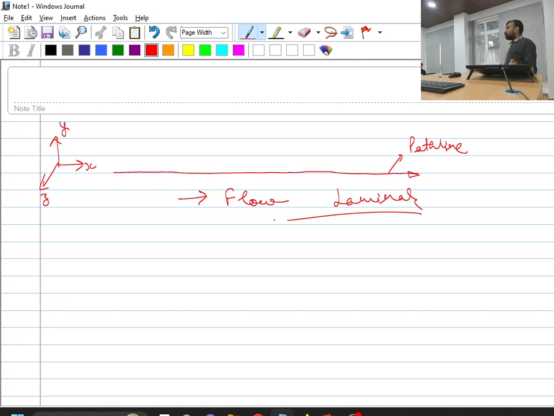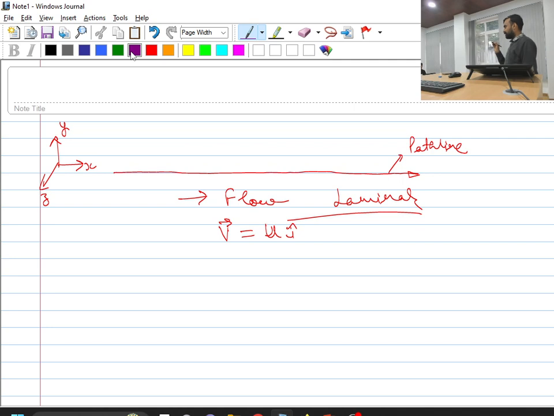For this type of flow field, the velocity vector is simply u times i cap, and there is no other component of velocity in the y and z directions. Is this point clear?